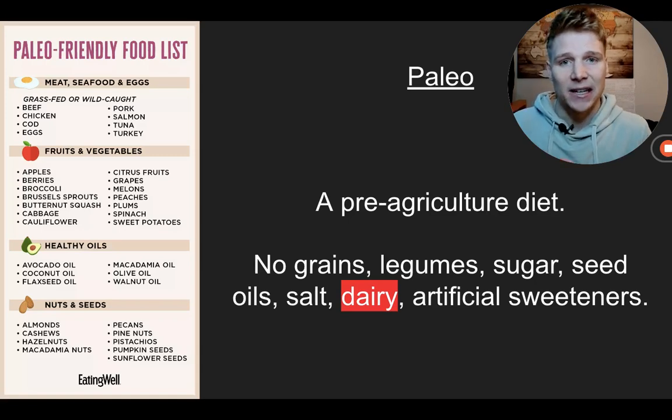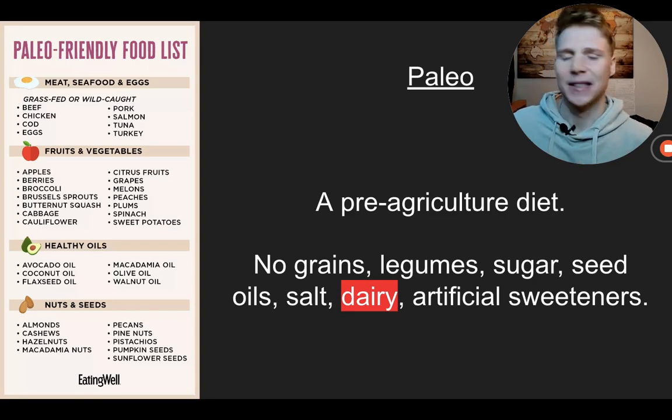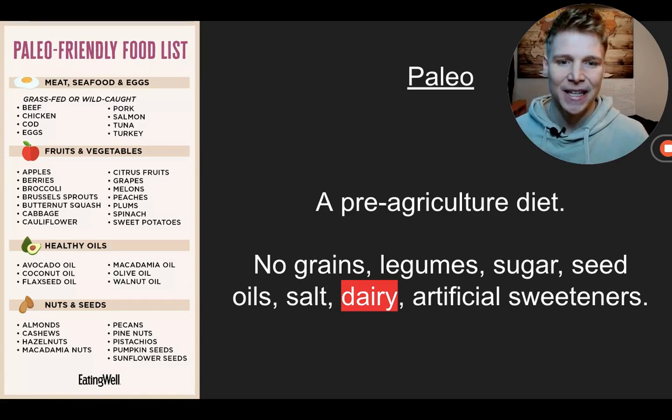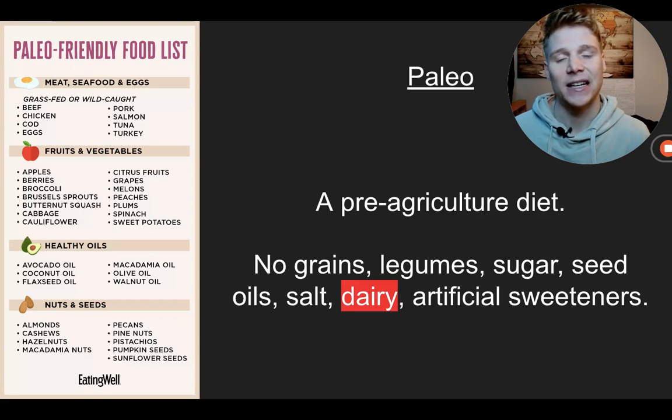So I'll start with the paleo diet first. It's short for Paleolithic, which is a period of time a long time ago. I'm not sure exactly when. But it's basically a pre-agriculture diet. So humans first started to use agriculture around 12,000 years ago, and our species, Homo sapiens, evolved roughly 200,000 years ago.